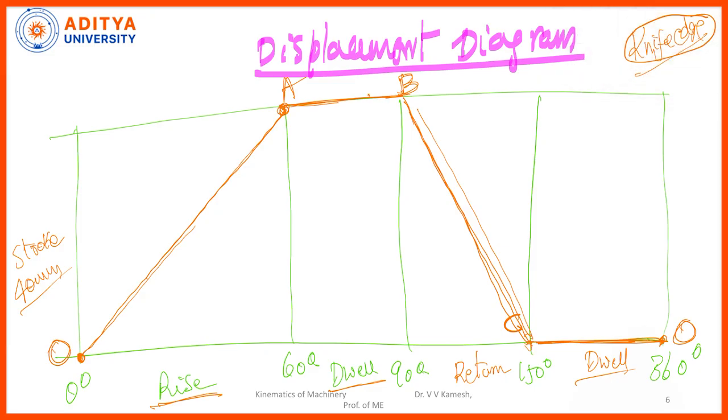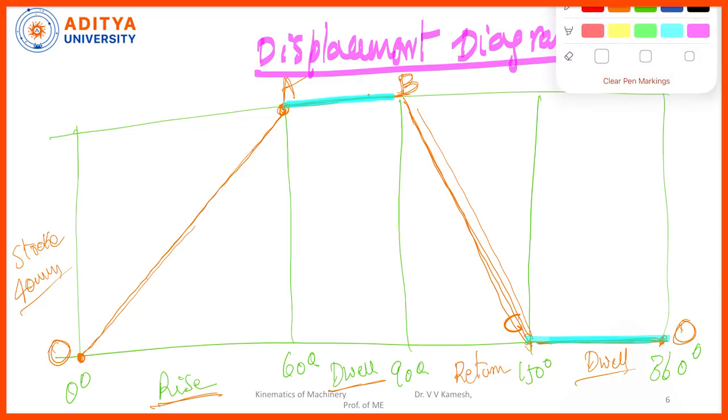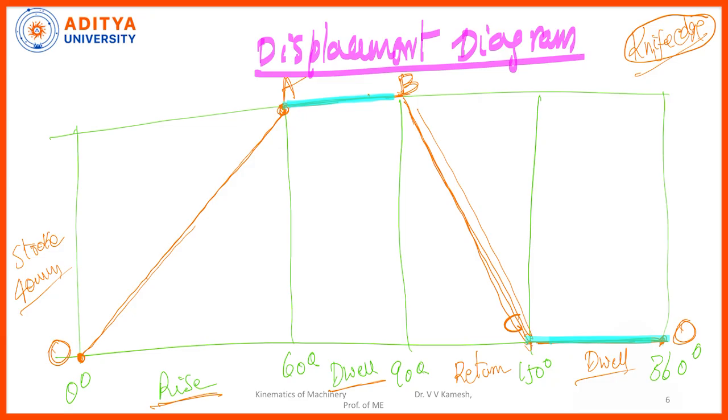Now, I will show you, this is the first dwell A to B, this is the second dwell C to O. In both the cases, the cam profile will trace the arc of a circle. Remaining, when there is a rise, when there is a return, definitely the cam profile will be deviating from the radius, arc of a circle, right. Okay, we will come to this now.